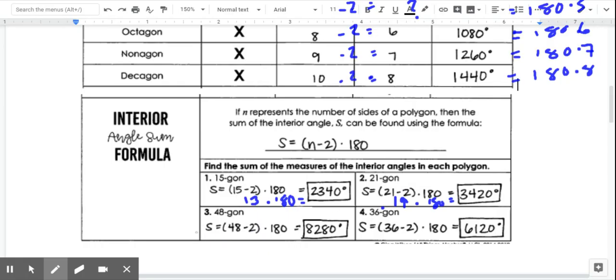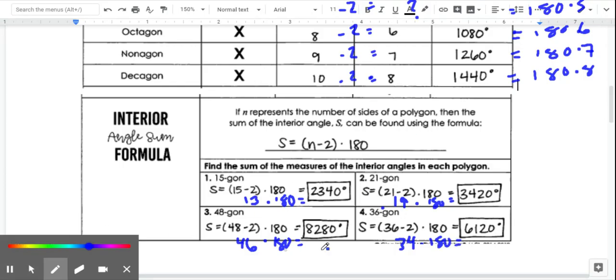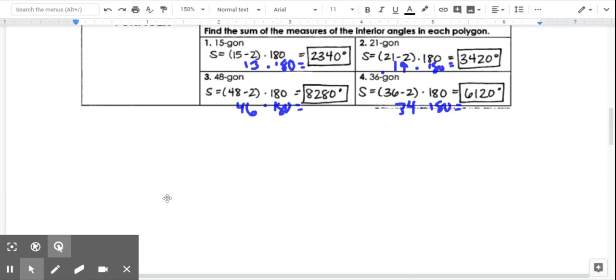If you've got a 48-gon, you do 48 minus 2, which is 46, times 180, which equals 8,280. If you have a 36-gon, 36 minus 2 is 34, times 180 equals 6,120. So this is just a formula that you use if you're given the number of sides in a polygon.